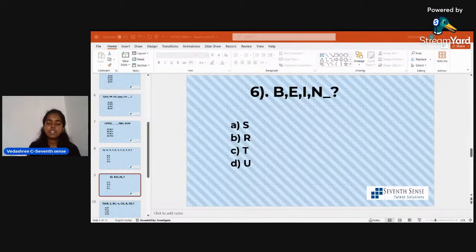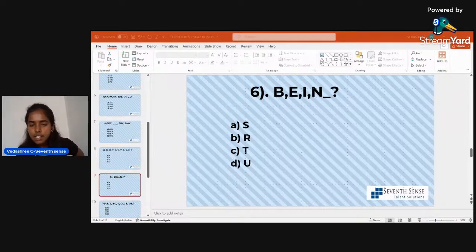Okay, try to solve this question. Next question. Okay, Q, C, Y is correct, and that question is also solved. So here we have another question. Try to solve this question. B, E, I, N. And what is the next letter?